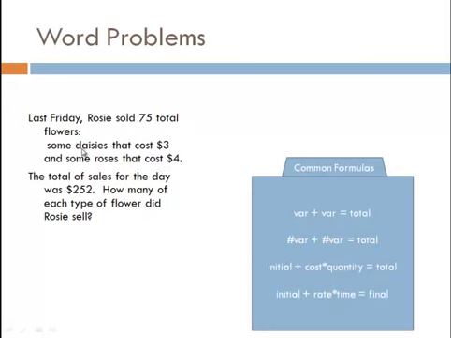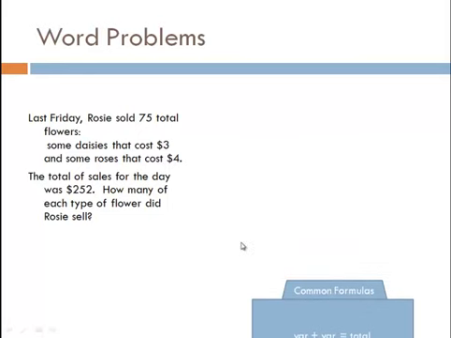So maybe I'll use the letters that seem natural to me. D for daisies and R for roses. And it also tells us the total amount for the whole day was $252. And so that suggests, now that we know how much each flower is worth and how much the total is, that we can use this particular formula. So let's see what we can do.